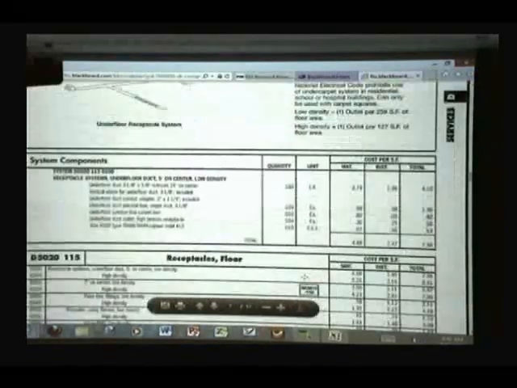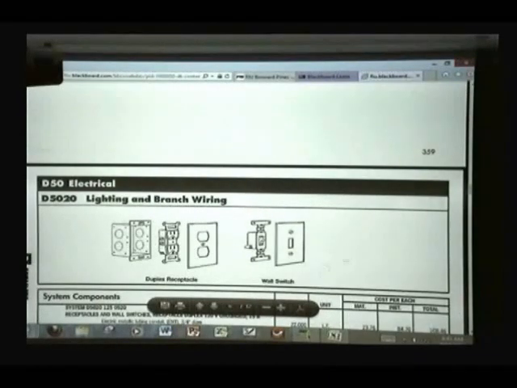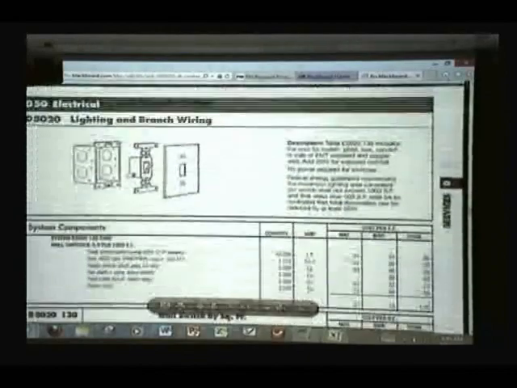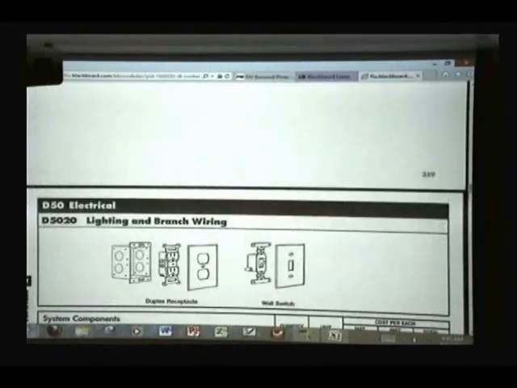What do you suggest we do if we don't have the GFIs as a separate component in here? Any idea? Google it. So you account for the regular duplex outlets in one condition, and the GFI in another one.